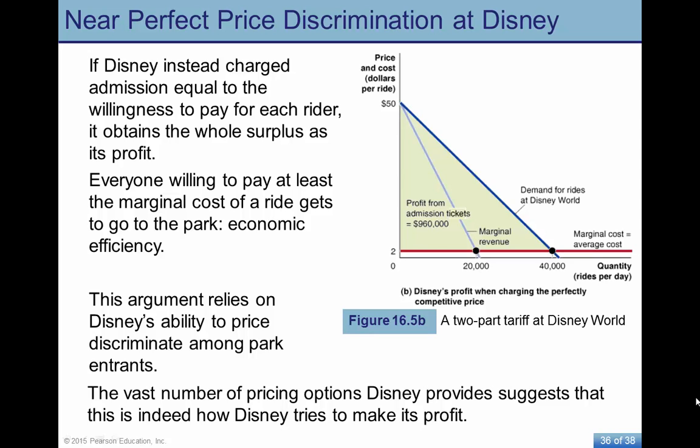If Disney instead charges admission equal to the willingness to pay for each rider, it obtains the whole surplus as its profit.